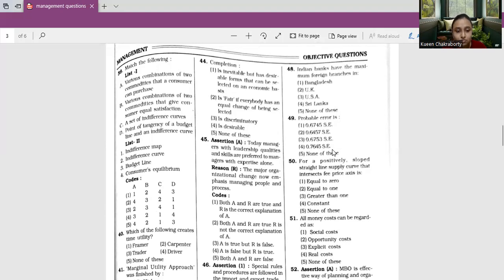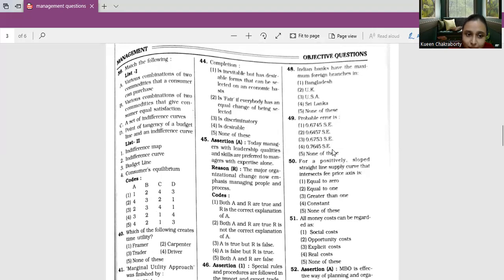Now coming to A, various combinations of two commodities that a consumer can purchase, right? Yes, it will be budget line.